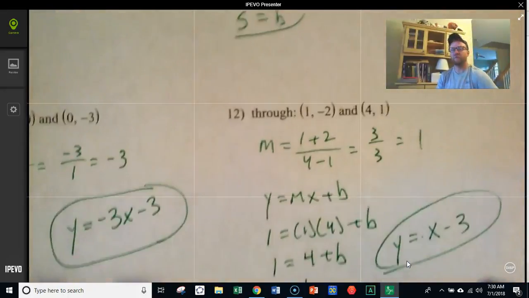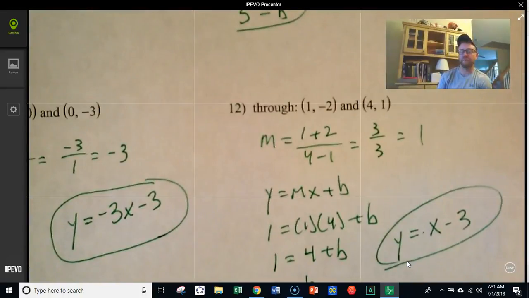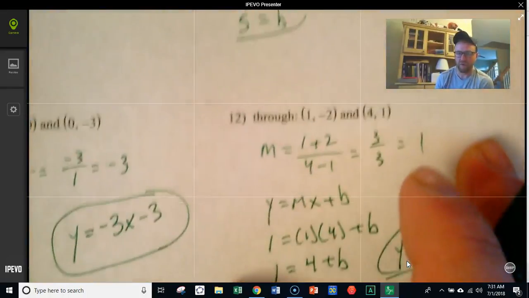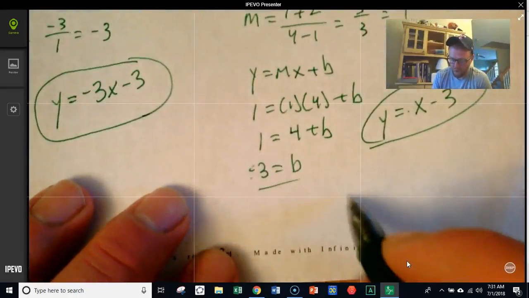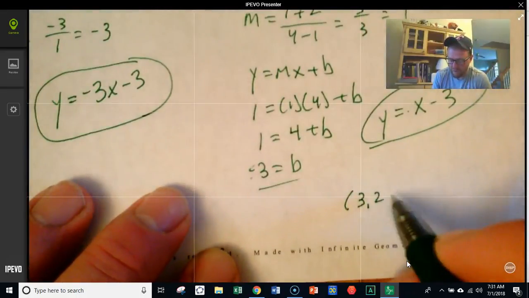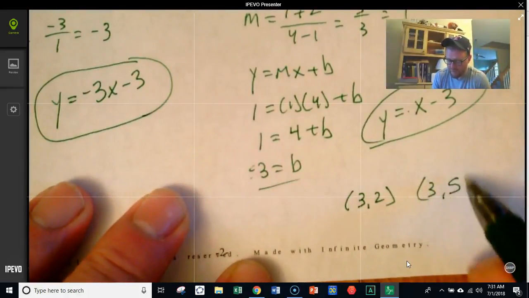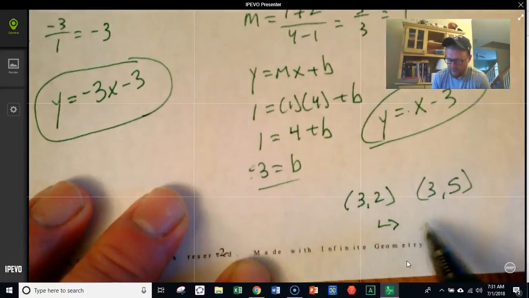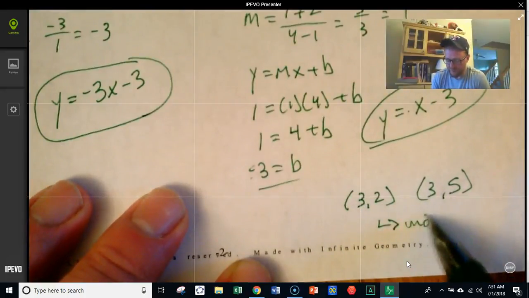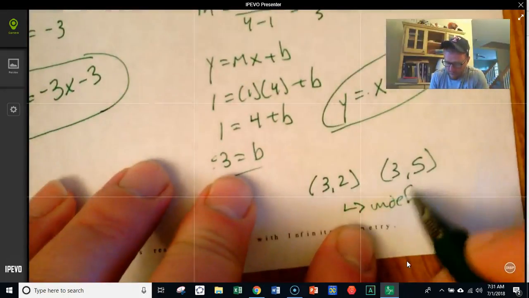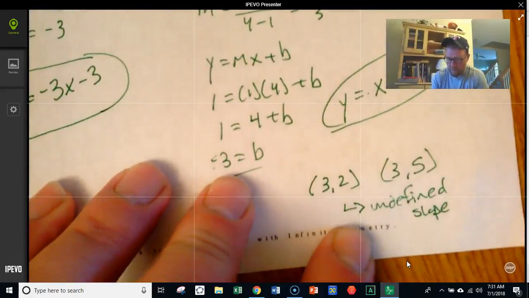Okay. The one situation, by the way, where this whole thing is going to cause you some trouble, and you just have to recognize it when it happens, is if you run into a situation, for example, put this down here, what if I had 3, 2, and 3, 5, because I'm going to end up with 3 minus 3, this is going to be an undefined slope.